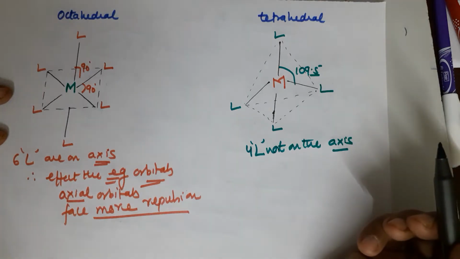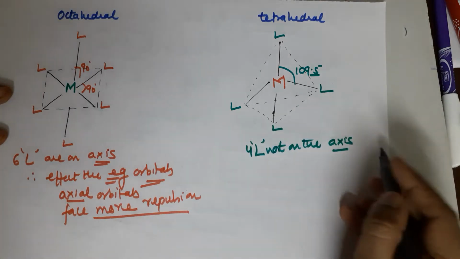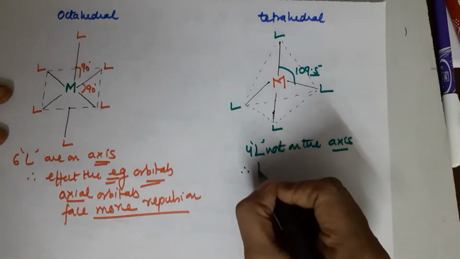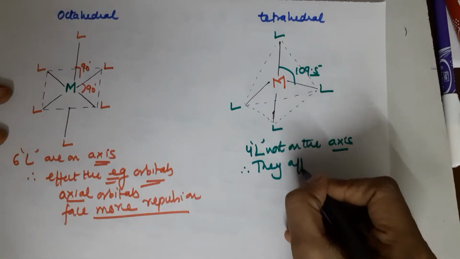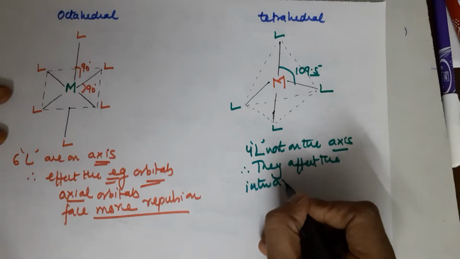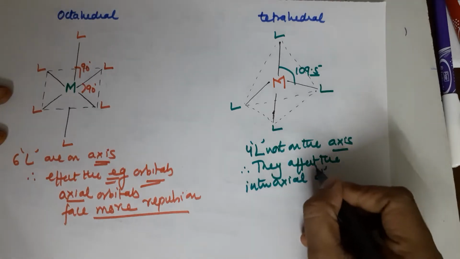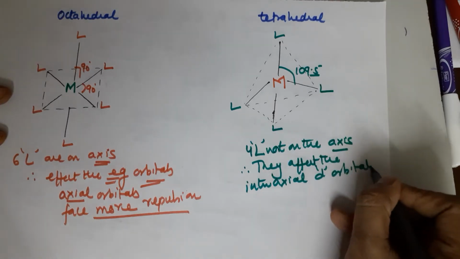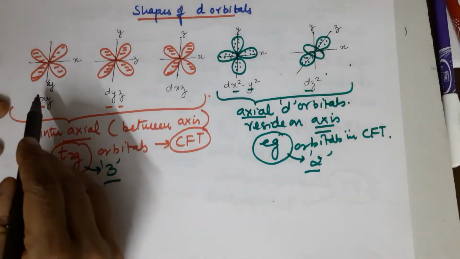The angle is 109.5, so they are not on the axis, therefore they affect the interaxial d orbitals.